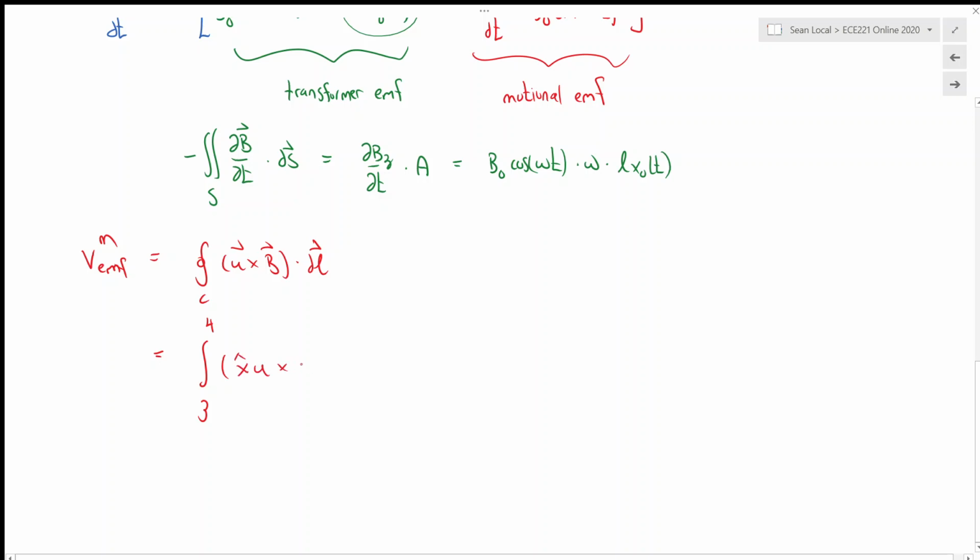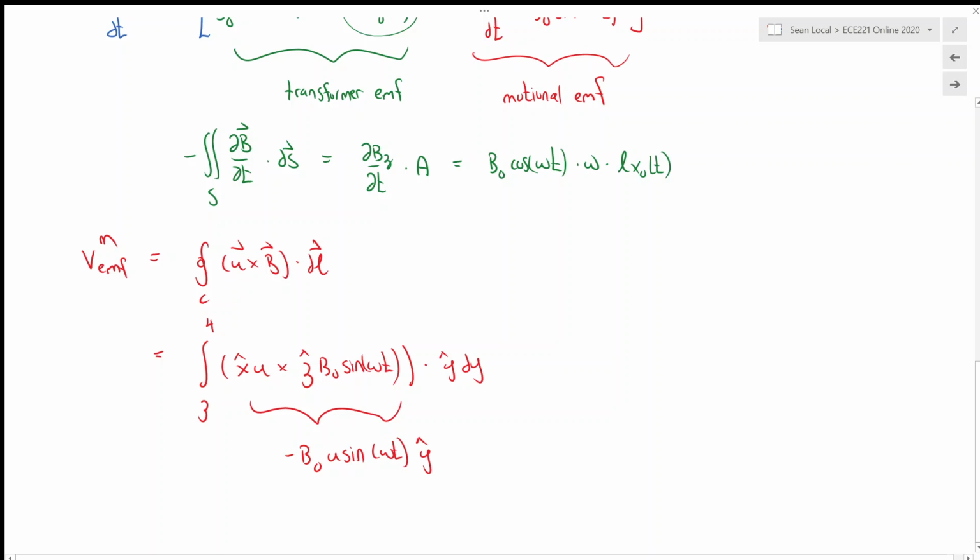We cross that with the B field, which is z directed and also a function of time. Then we dot this with dl, which in our case was y hat dy. If we evaluate this cross product, we get minus B naught u sine omega t y hat.